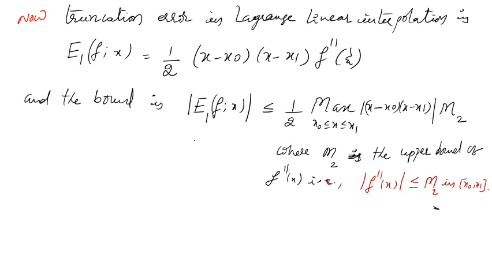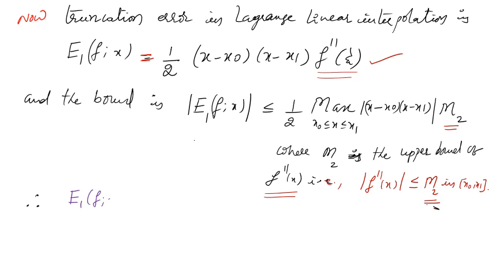Remember, this is the truncation error. And what is the bound? This equality becomes, after taking modulus on both sides, less than or equal to, and for f double dash x we are considering the maximum upper bound, that is, the M2 value is placed here in place of f double dash xi. Therefore, let us find E1.